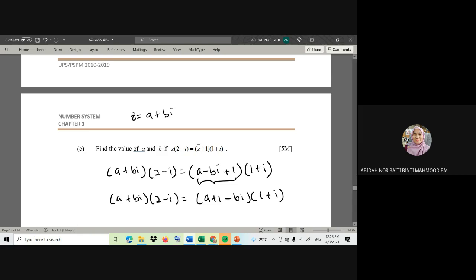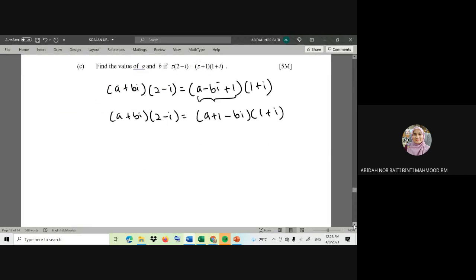Okay, now expand. Just expand as usual. So 2A minus AI plus 2BI minus BI squared. Okay, we get it like that. Equal. Okay, this one is the same. How to expand this? If easy, we consider this as only one term, because it is real. This is the real part.